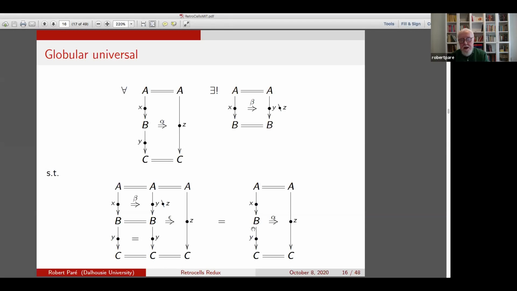Given an alpha from Y times X into Z, then I get a unique beta from X into Y under Z with the property indicated here: if I compose epsilon with beta and an identity here, I get alpha. Now I'd like to try and make this alpha into a double cell and the beta into a double cell.